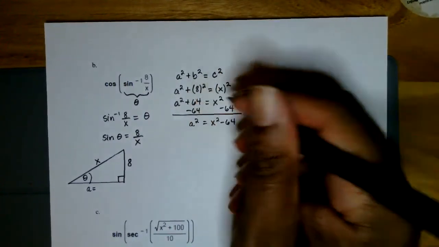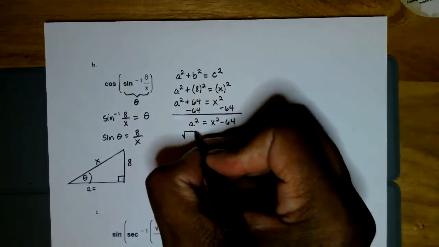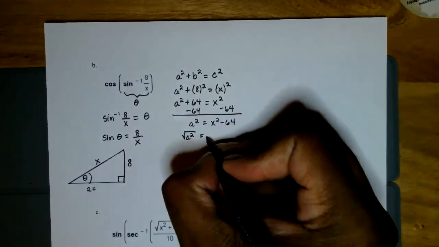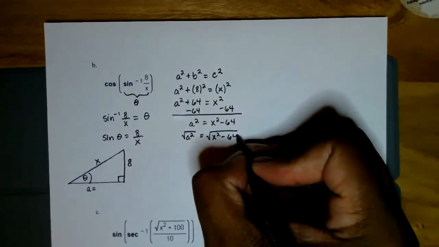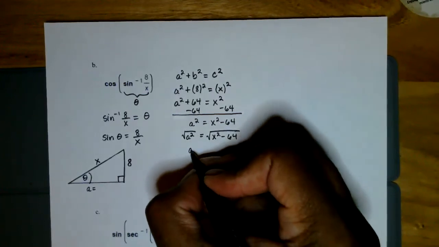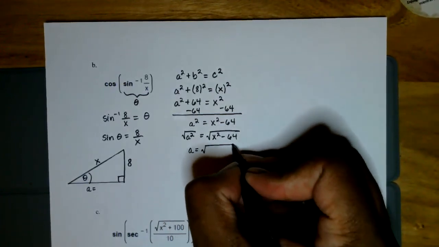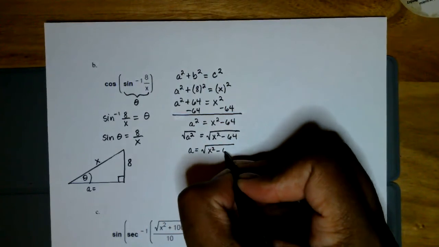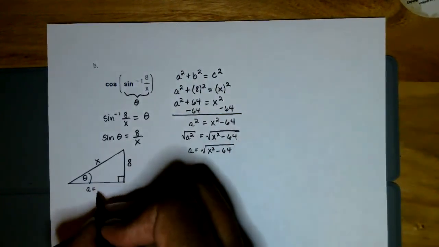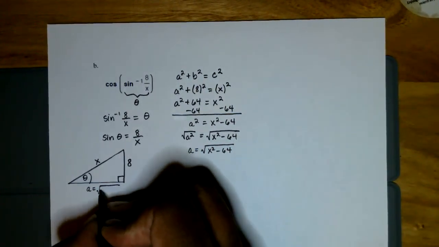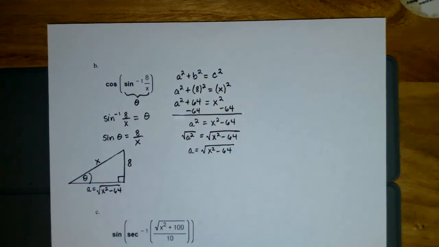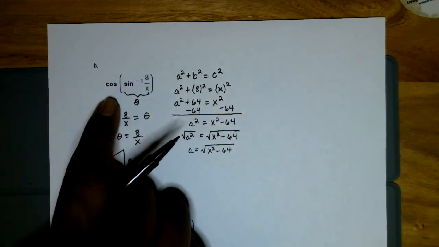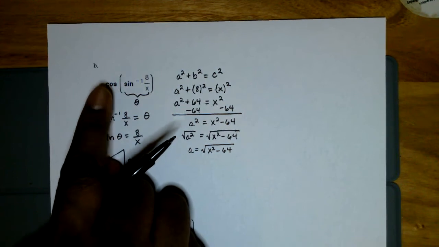And then to get a by itself, we're squaring it, so I need to take its square root on both sides of that equation. So that means a will be by itself, and that's equal to the square root of x squared minus 64. So a is the square root of x squared minus 64. Now, the outside trig function is cosine.